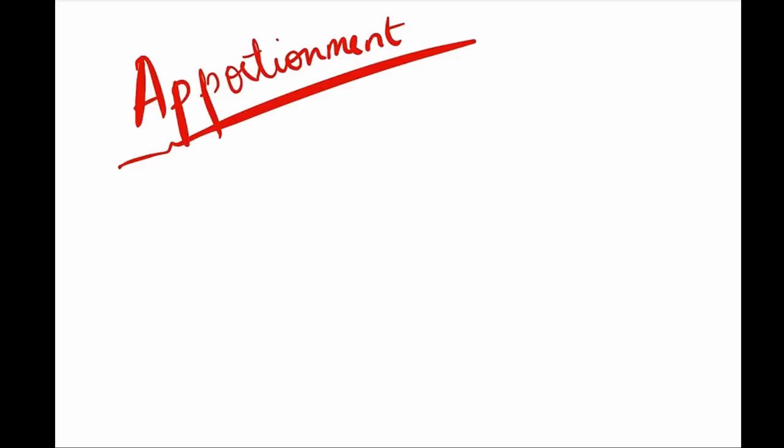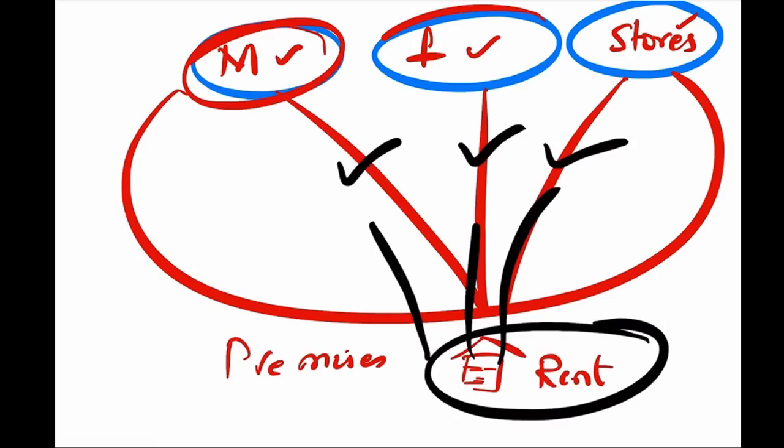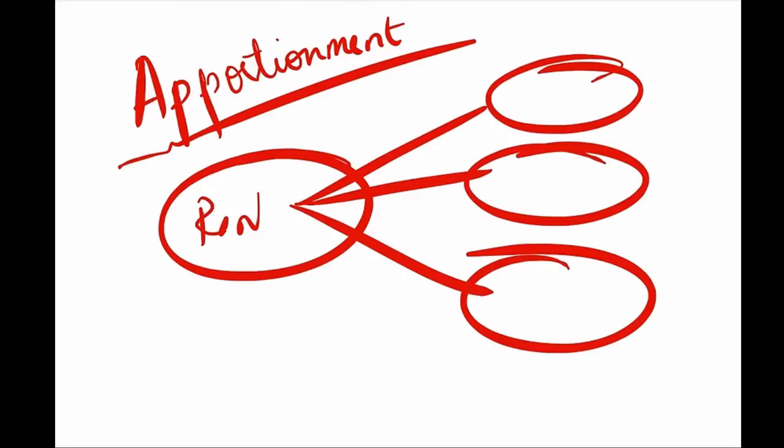In this case, it was rent. I have to divide rent to machining, finishing and stores. This division of common expense on various departments, we call it as apportionment. Therefore, apportionment is basically dividing common expenses to various cost centers.